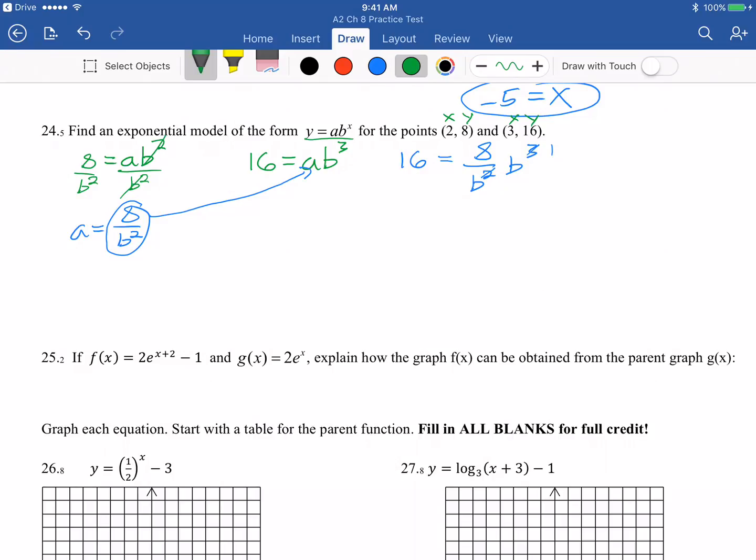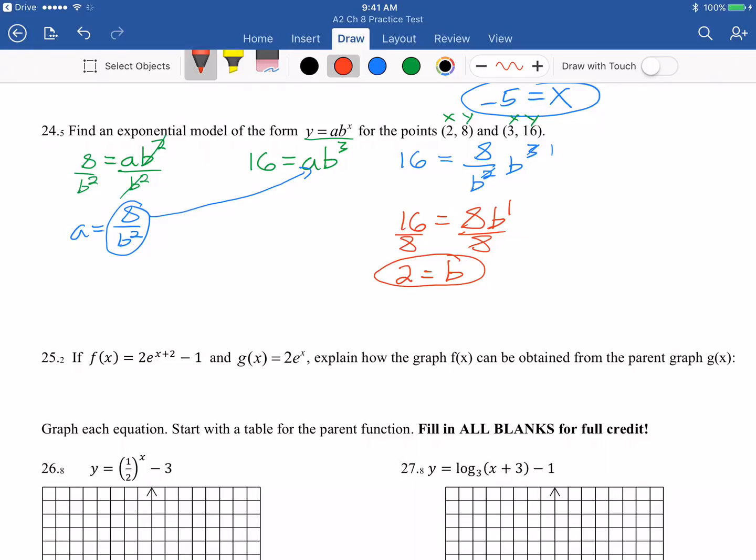So now this guy turns into 16 equals 8 b to the first. All right, so if I solve for that b, I can divide by 8 on both sides. So I get that 2 is equal to b.